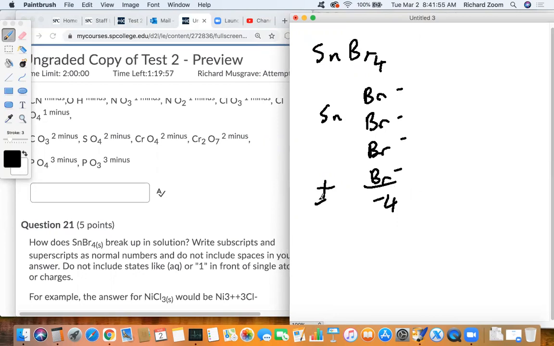That's going to be positive 4 on the tin. So it'll be Sn 4 plus, 4 Br minus is what you have to write there. Does anybody have any questions about that one?